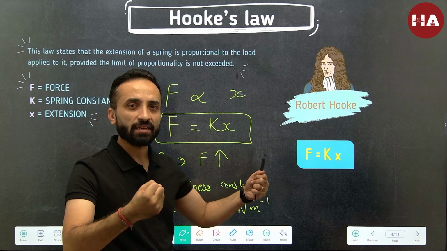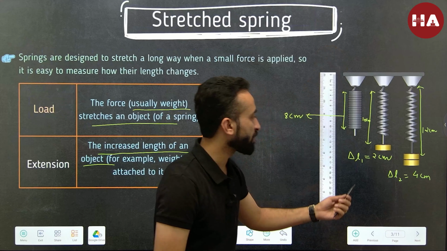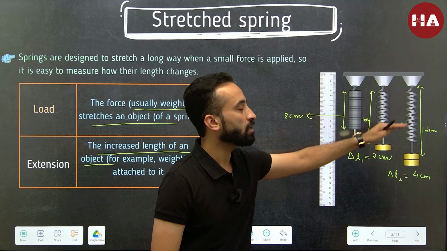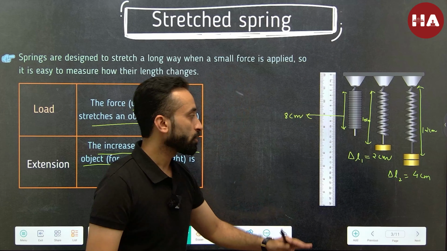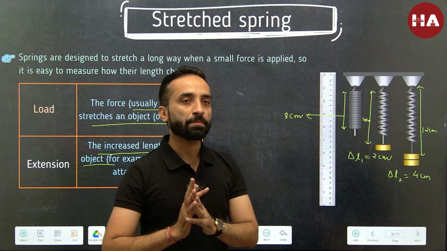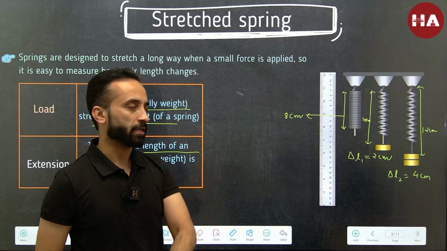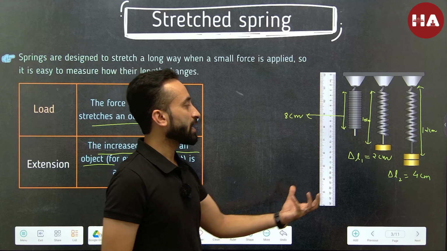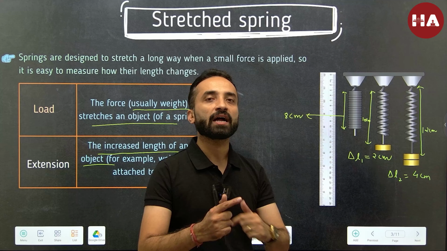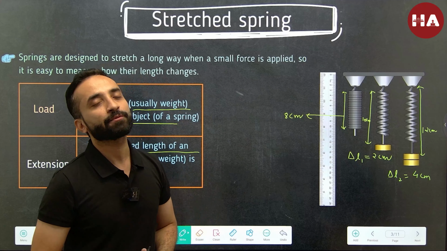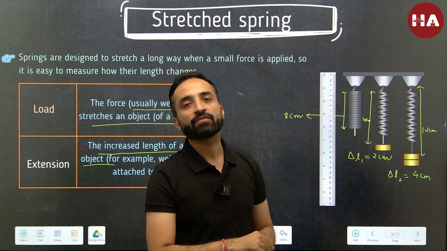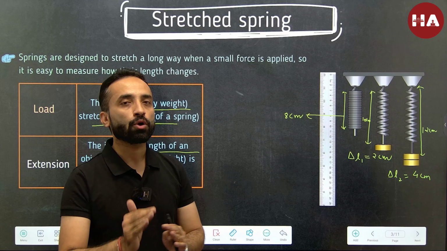Maybe initially you would see this trend in the spring where you are doubling the load, let's say the deformation doubled. You triple the load, the deformation triples. That is where Hooke's law is being followed. But after a point, you would see that the deformation and the force are not following the same kind of proportionality. That is when we would say that Hooke's law is now not being obeyed.